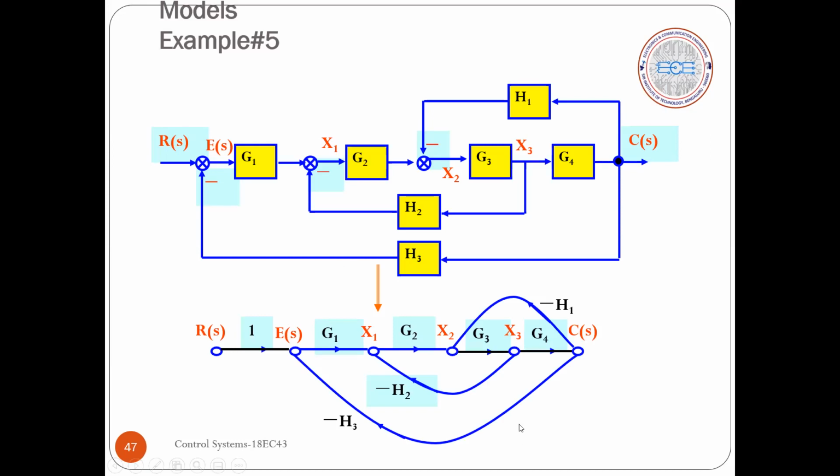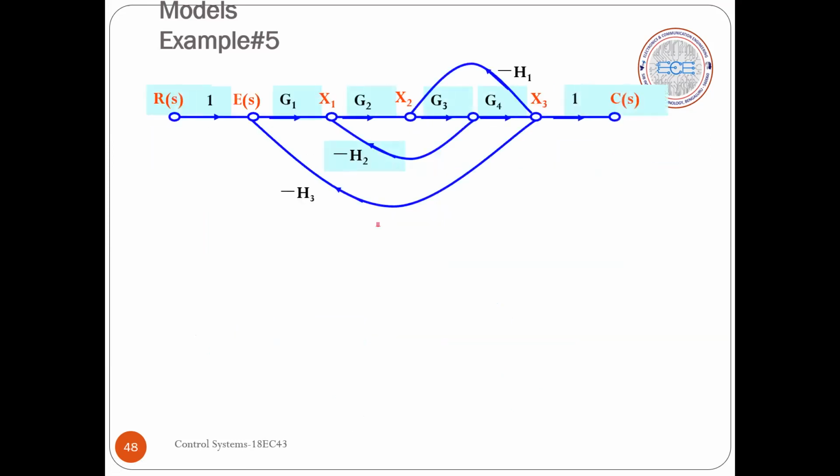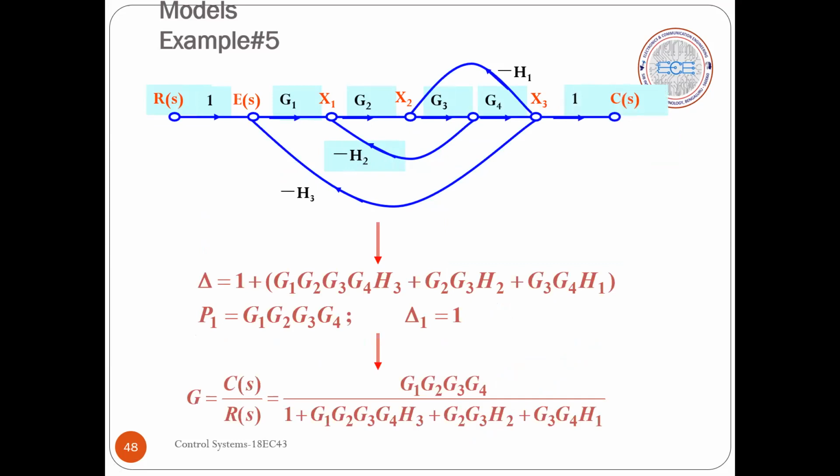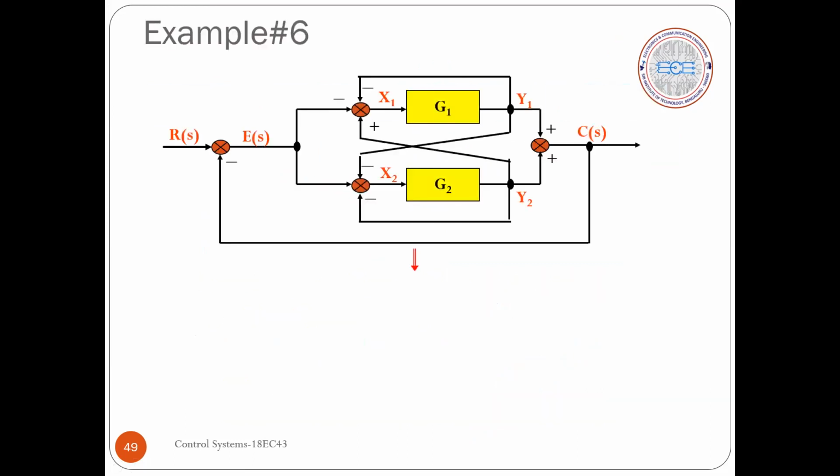Only the analysis part you have to do, then comes the substitution. Only 2 stages we have: analysis of the different parameters, and the next is Mason's gain formula substitution. Only 2 stages and we arrive at the solution. See how simple it is. We have arrived at the transfer function. So we always say that compared to block diagram, signal flow graph is quite easy, because it is only identification and substitution.